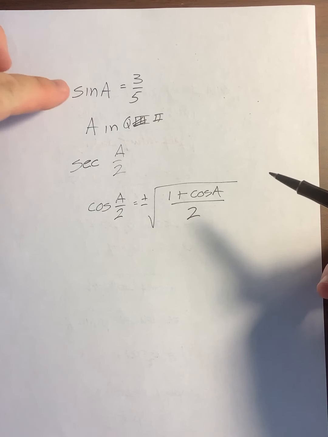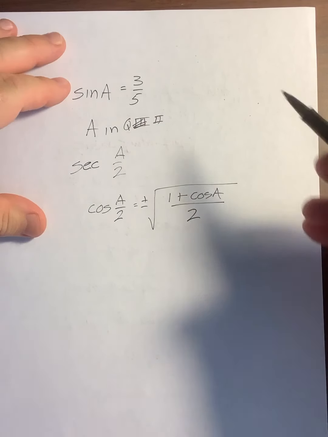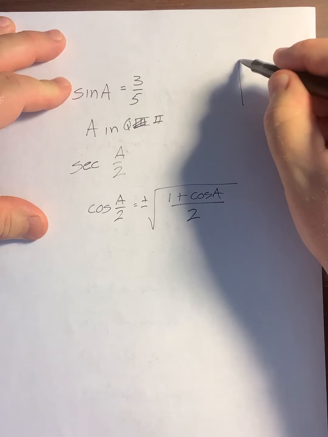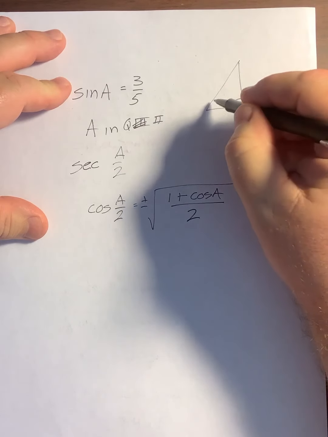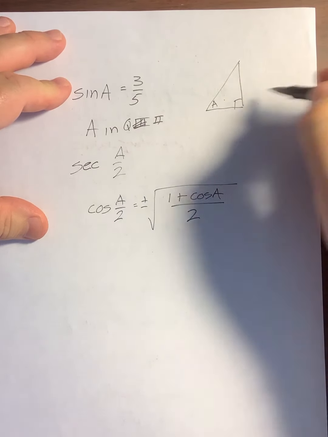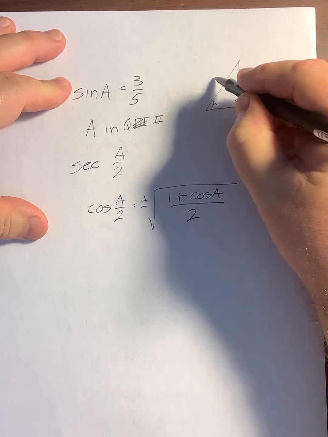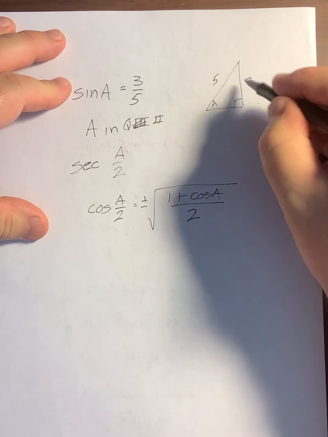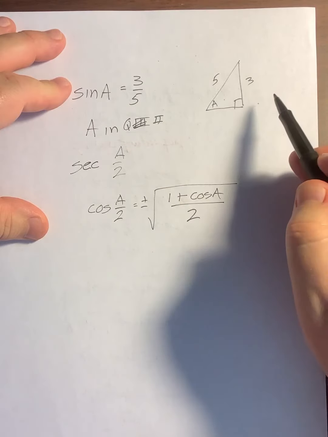So coming back up here to our sine, we can remember that in any right triangle, if that's my angle A, the sine is written like this, opposite over hypotenuse.